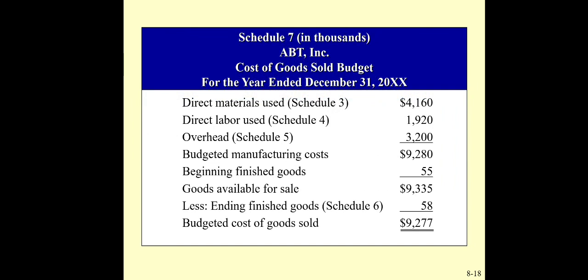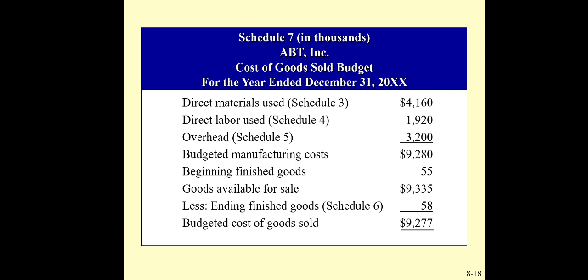Okay, this is schedule or step number 7. After you have prepared the calculation for the ending finished goods inventory, the next step to prepare the master budget is preparing the cost of goods sold budget. So you have to remember this format.